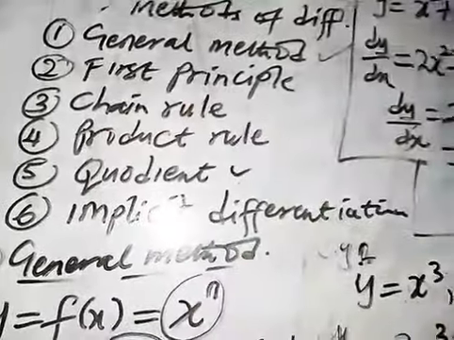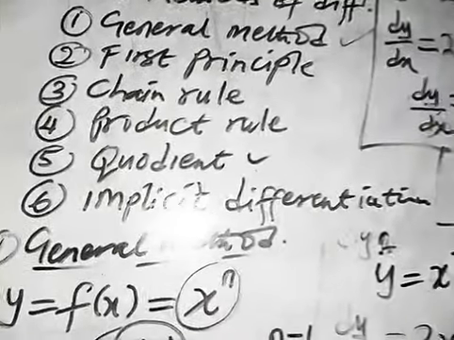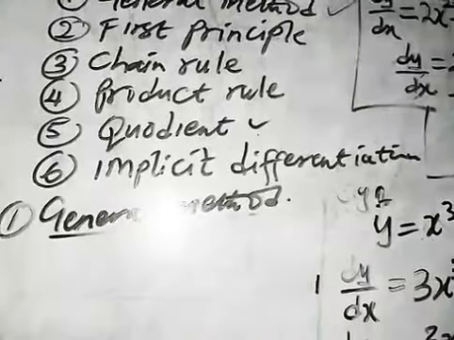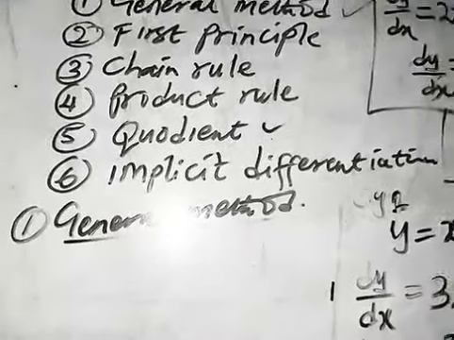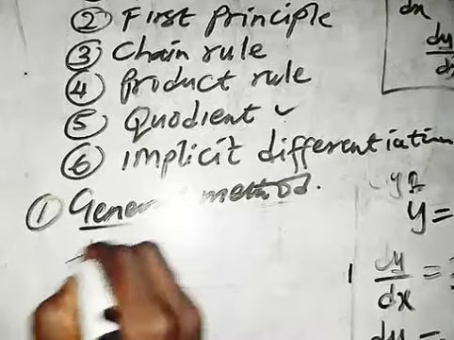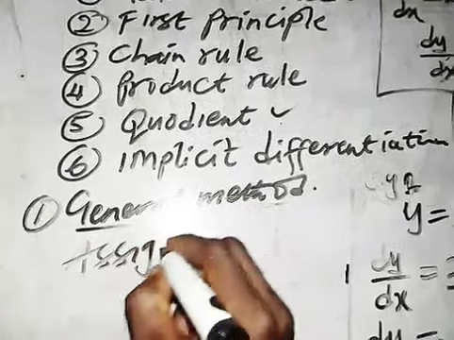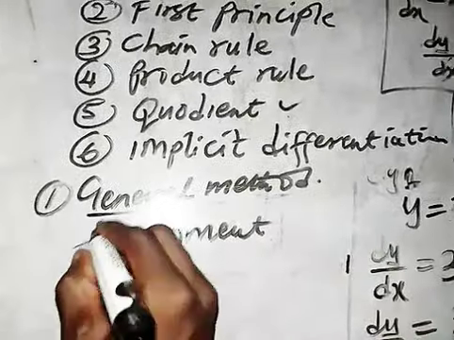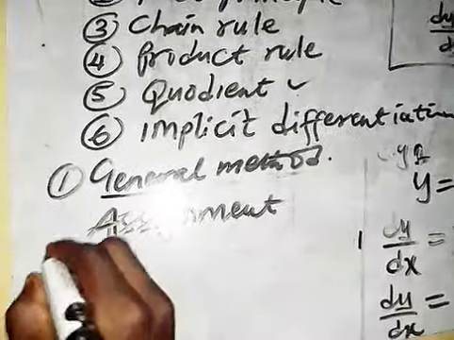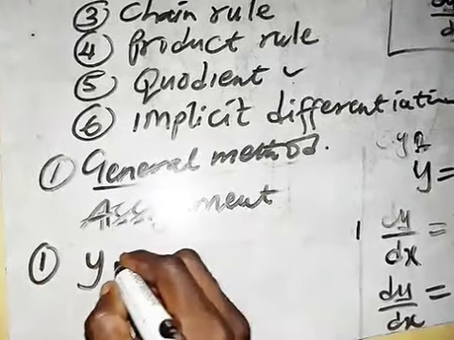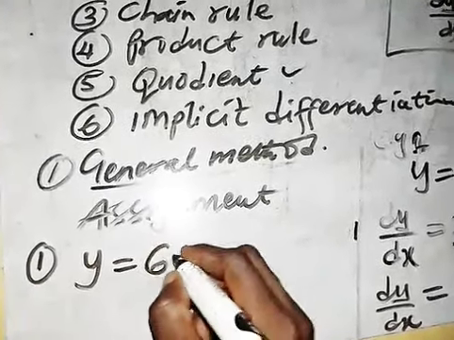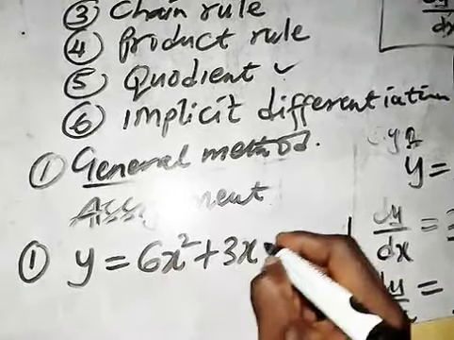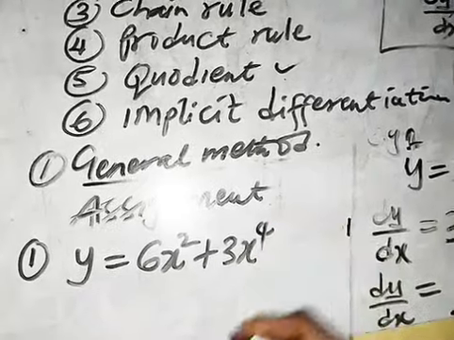All right, so let me give you something to do. Do this and send to me. So let me say this is the assignment. Now we have number 1, y is equal to 6x squared plus 3x to the power of 4.